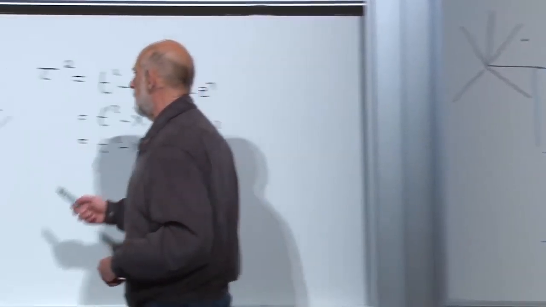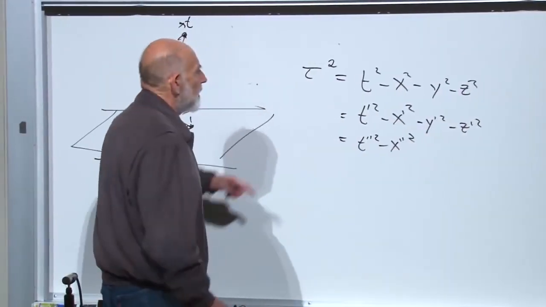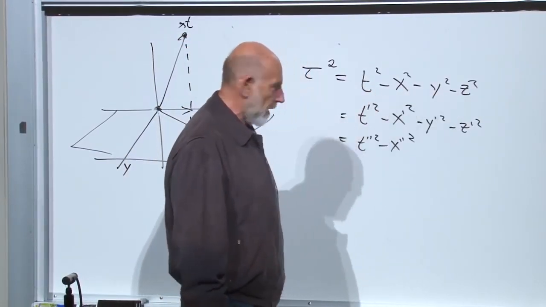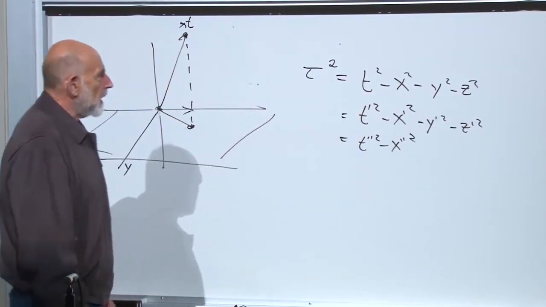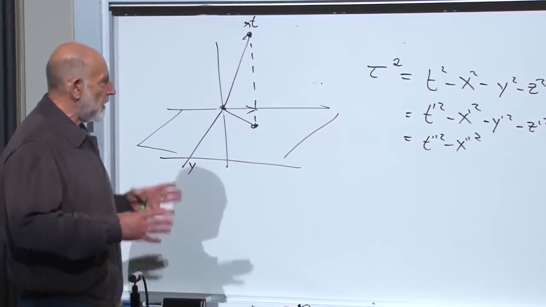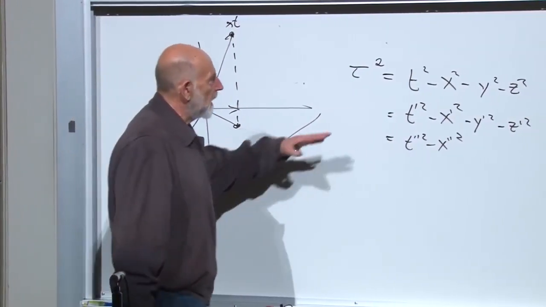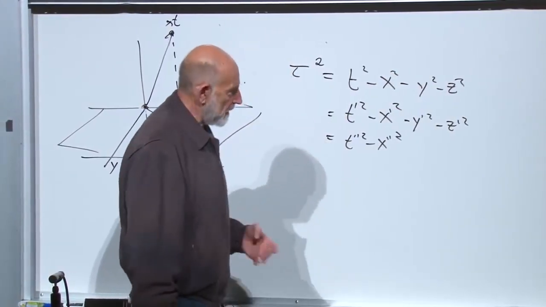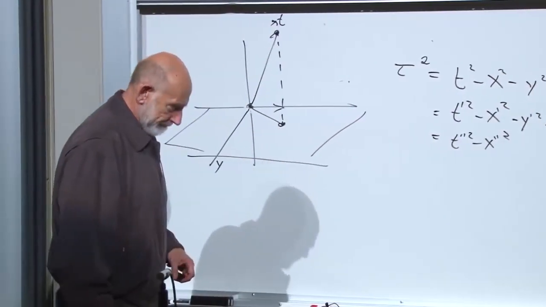Here, it's this funny kind of distance with a relative different sign between the space components and the time components. And that is probably the most central fact about relativity, that this combination is invariant. That's really what it's all about.